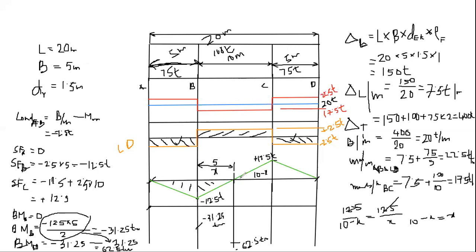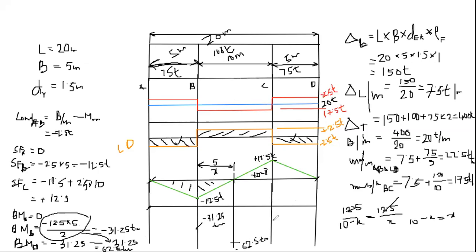And after that, what will happen? This BMC is this total 62.5 minus this, and these two triangles are same. If you see, this height is 12.5, but its sign is positive, and this is 5. So you'll get a value of 62.5, this is minus, this is plus 31.25.